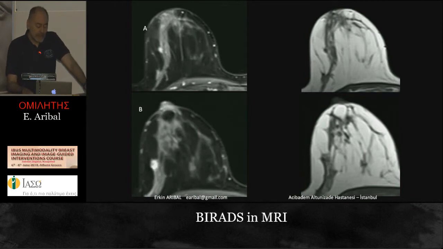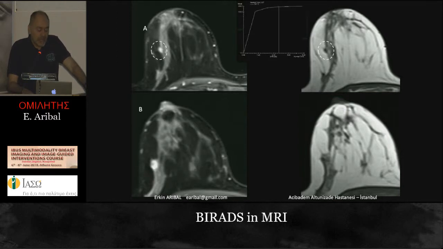There are two lesions in the same breast. The first one here looks like an oval lesion, but the margins are not clear. It's not a very high quality MRI image, but it looks like some little speculations. And this has an initial rise and the plateau pattern, which warrants the biopsy.